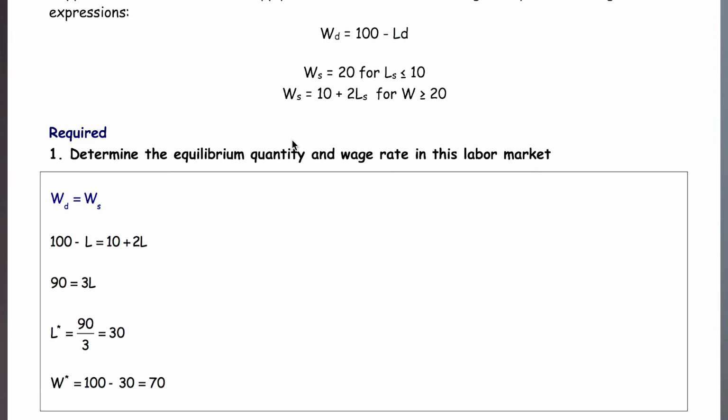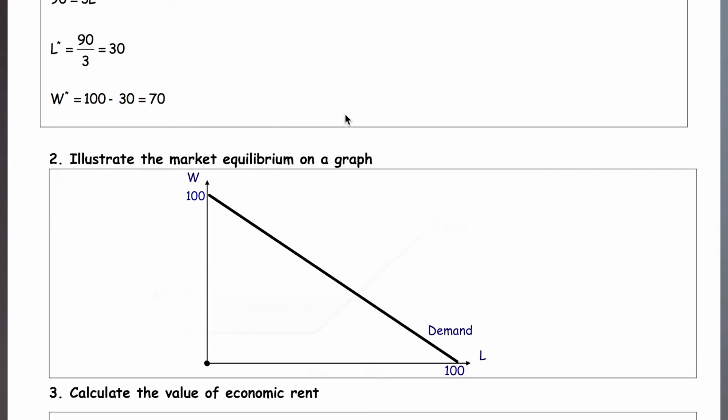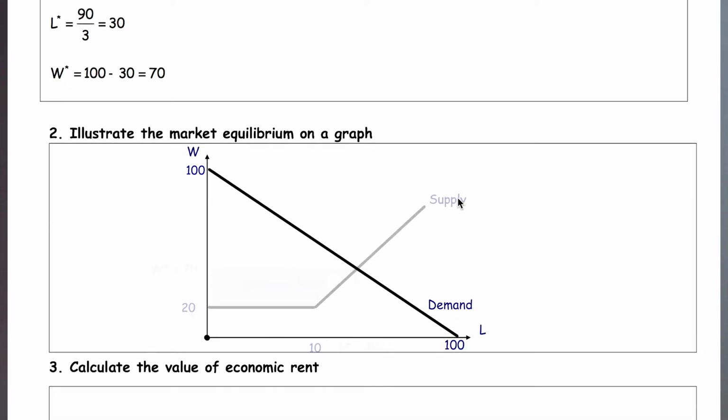The supply curve is in 2 parts. For labor hours less than 10, we have a wage rate of 20, so the supply curve is going to be horizontal up until labor hours of 10. And after that, we've got this second supply curve that we are hoping to graph. And so the supply curve is essentially going to be kinked. It's going to be horizontal at 20 up until labor hours of 10.